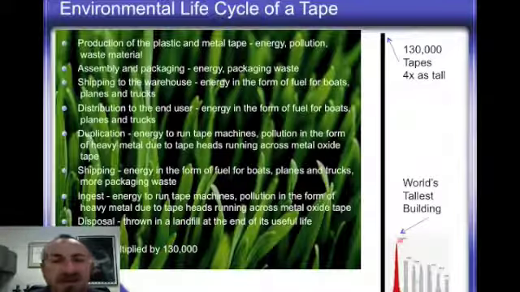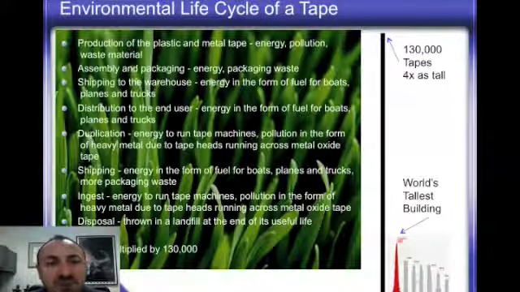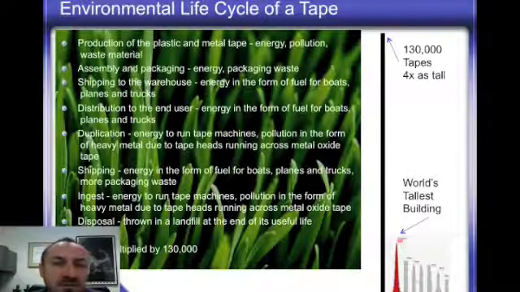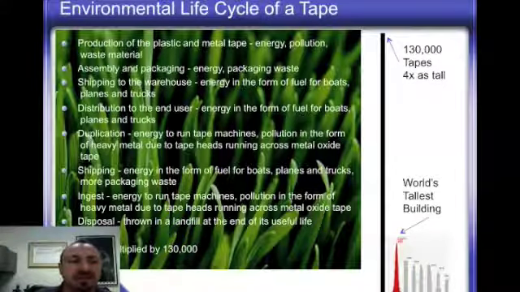So, given that, what are some of the other factors with respect to why shipping tape is no good compared to file-based transfers? If you look at the life cycle of a tape, from the production of it, you're consuming energy and pollution and waste material in the actual production of the plastic and metal tape, the assembly and packaging of it.